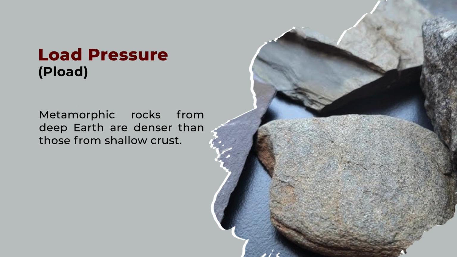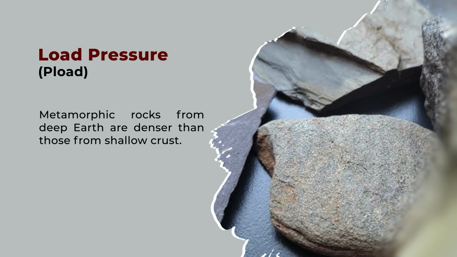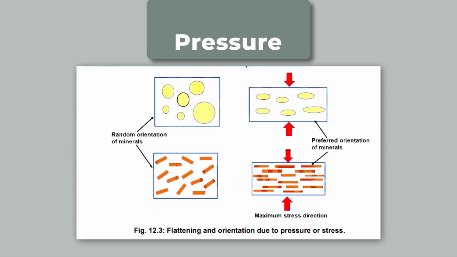The metamorphic rocks from the deep earth obviously will be denser than those from the shallow crust because of the pressure. The squeezing takes place, and also the water gets squeezed out, it becomes anhydrous. Now, if you see this diagram which you can see on the screen, in the first photo you can see random orientation of minerals.